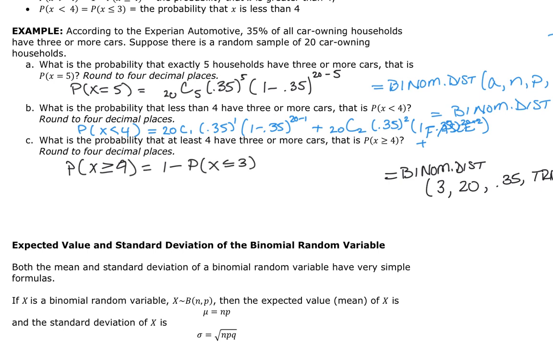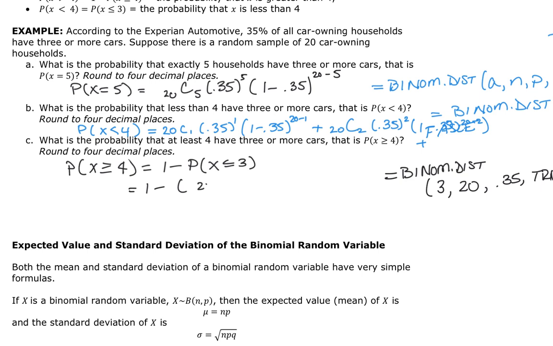Because remember, I don't have any in between. Because we're looking at the success, and this should be a 4. So it is inclusive, but I'm going to go 1 down again for the binomial distribution in this particular case.